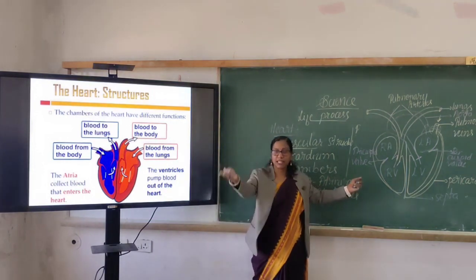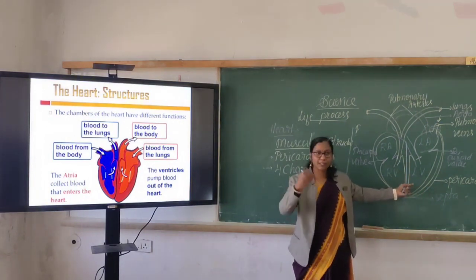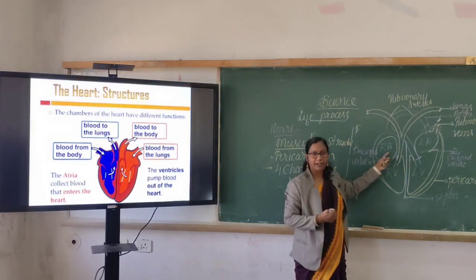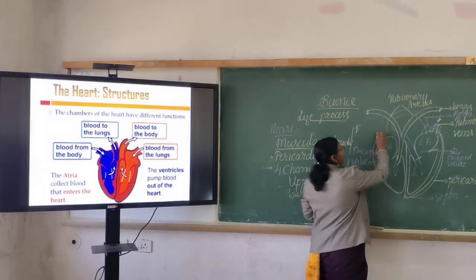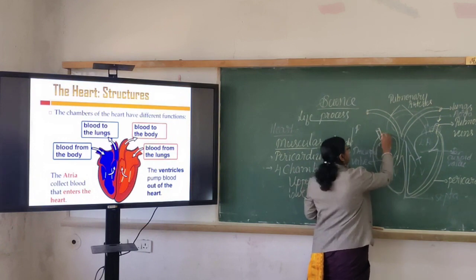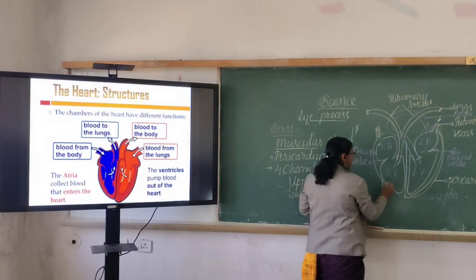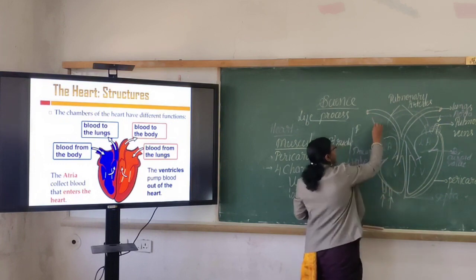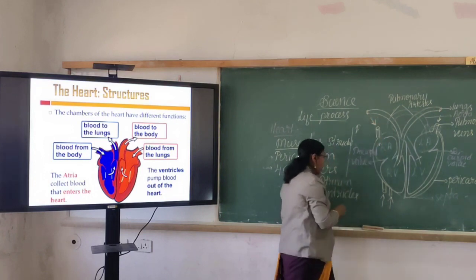Once oxygen is given, the blood takes back carbon dioxide. It has to come back to the heart once again. So where will it come in? It will come inside the heart through specialized blood vessels called the vena cava.